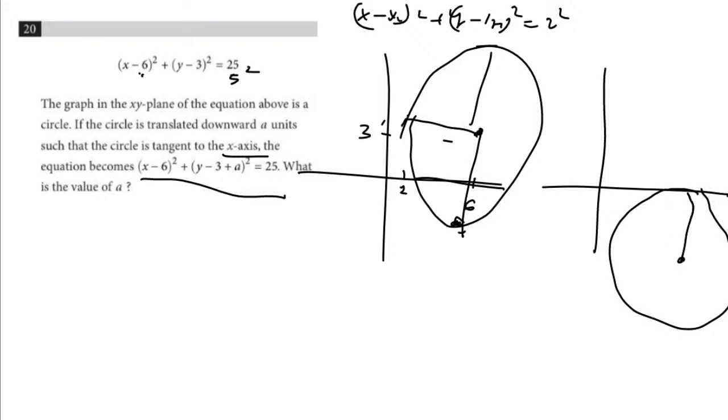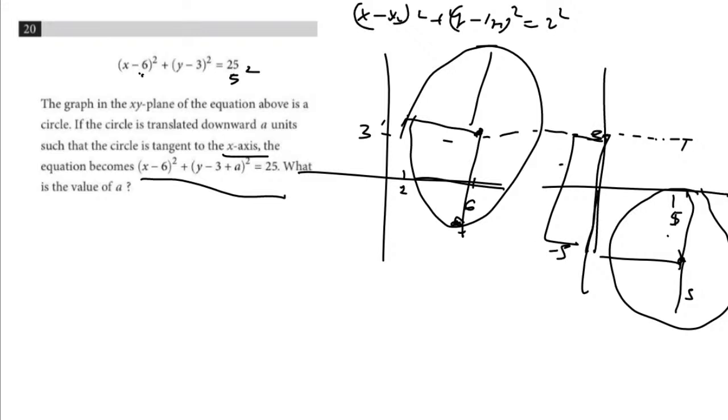This is our radius 5, this is 5. What is this point's value? It's minus 5. So how much did it change? It went from 3 to minus 5. What is this length? It's 8. So the answer is 8.